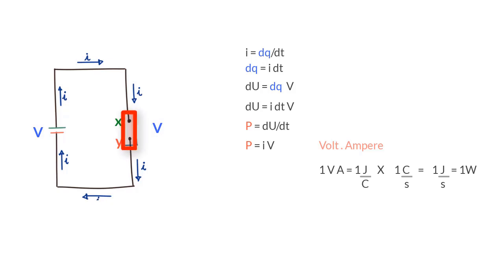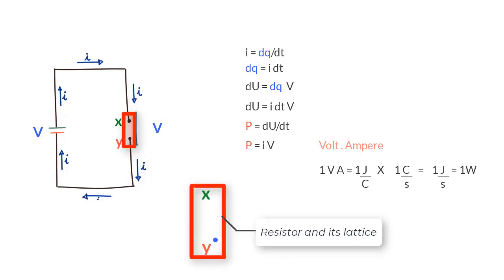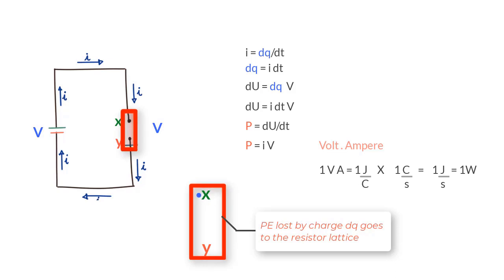A question that might come to your mind is what really is happening at a microscopic level when power is getting transferred to the device? As the electrons move at a constant drift velocity between the terminals, their kinetic energy remains the same, but the potential energy reduces, which, as I explained earlier, shows up as transferred energy to the attached device.